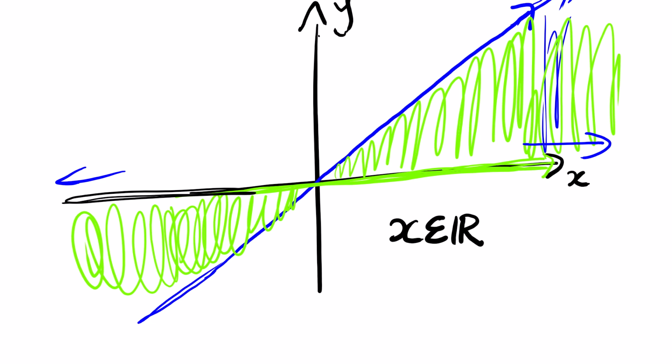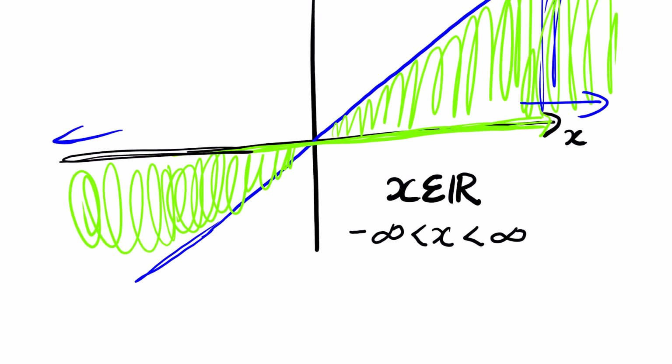Or we can use inequalities from negative infinity to positive infinity. So x is between negative infinity and positive infinity. And remember, for infinity, it cannot be equal to or included.